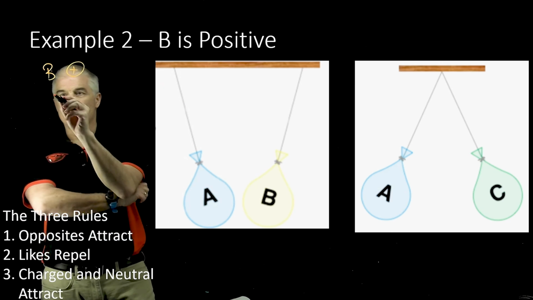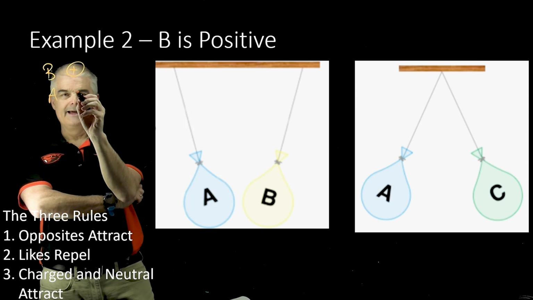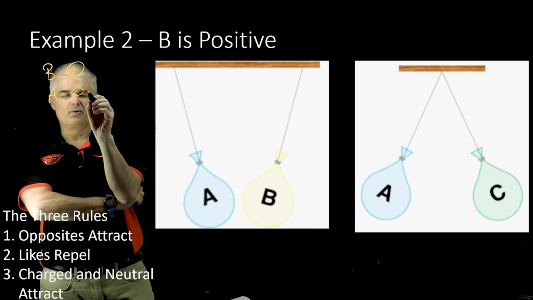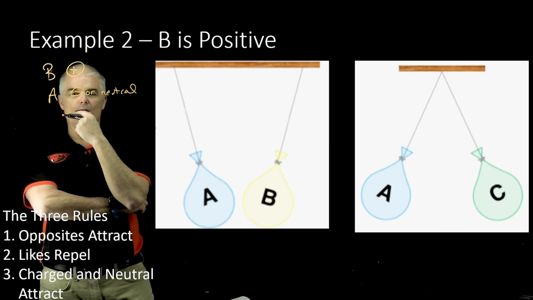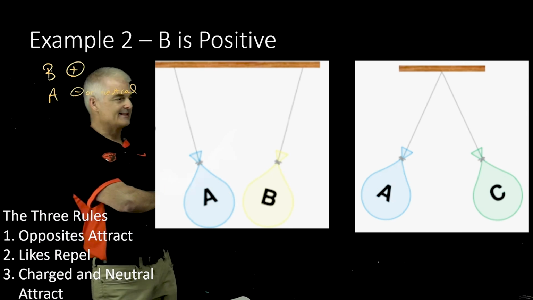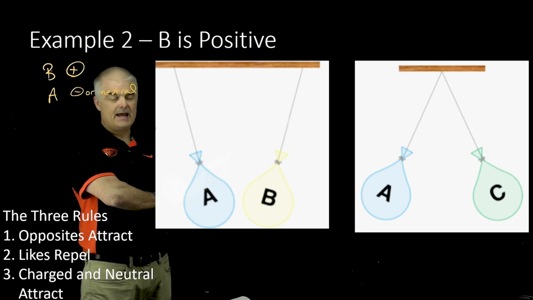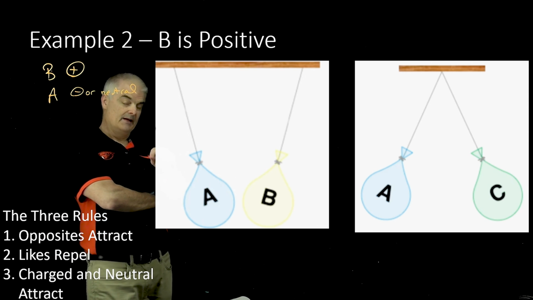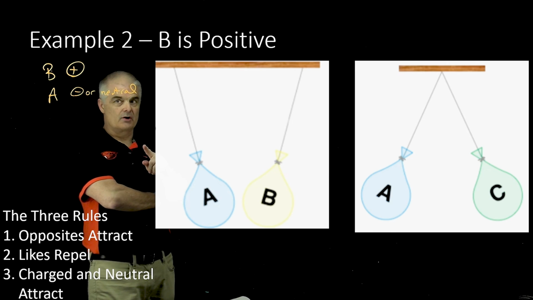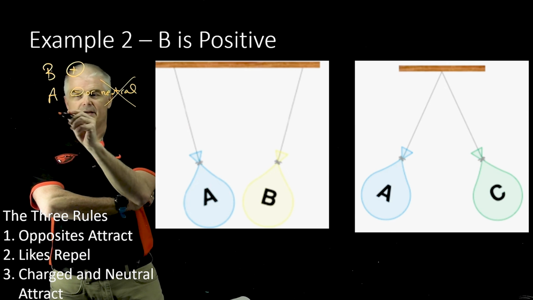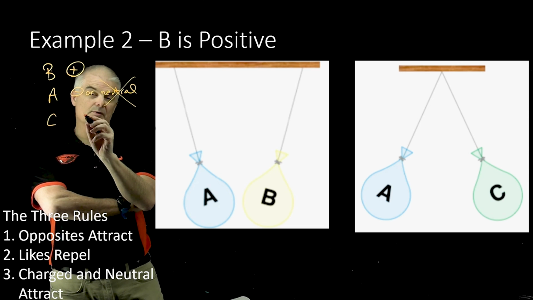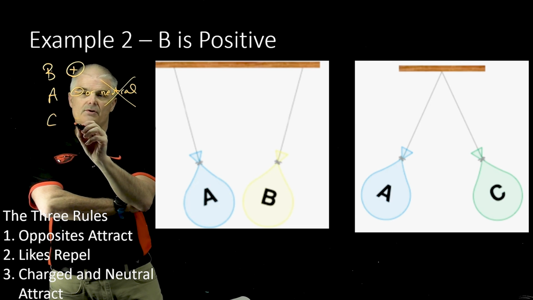From picture 1, A is either going to be negative or neutral. But when A goes with C and they're repulsive, that means A has to have a charge. So that means A has to be negative. And then what does that tell you about C? Since it's repulsive, C is also negative.